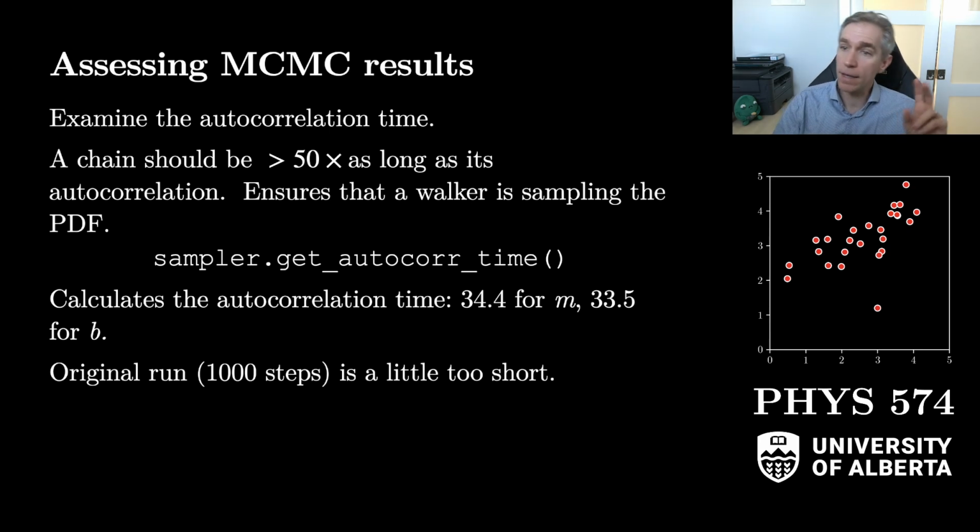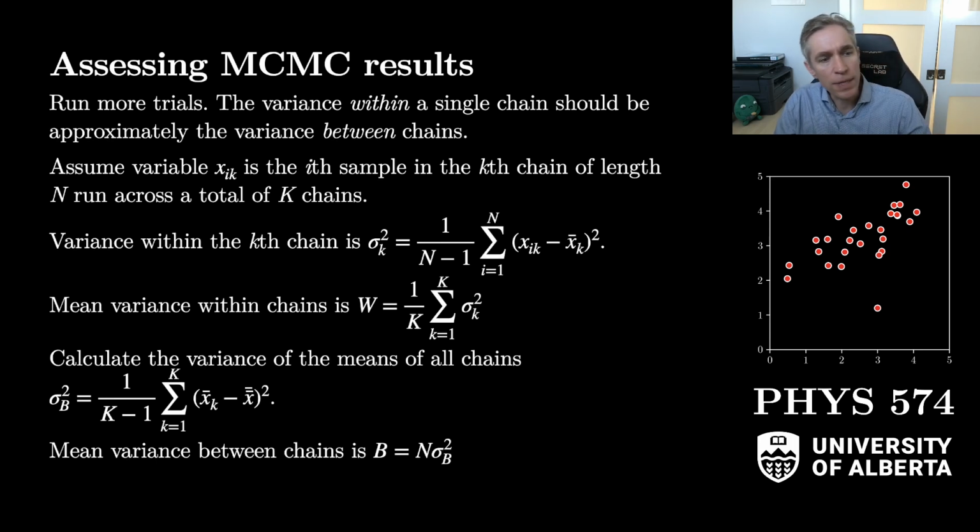Okay, so that gives us 2 tools: acceptance fraction and autocorrelation time. The third thing that we use is a statistic that's fairly common in MCMC methods, called the R-hat statistic. The idea behind this is that you want to compare the variance within single chains of MCMC to the variance between the chains.